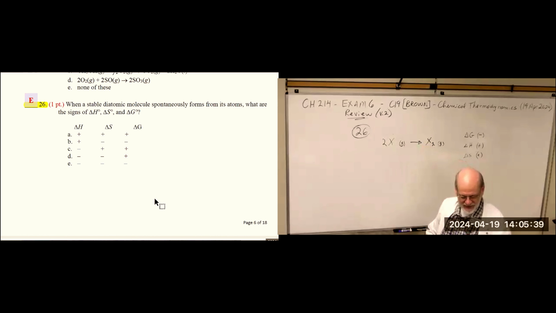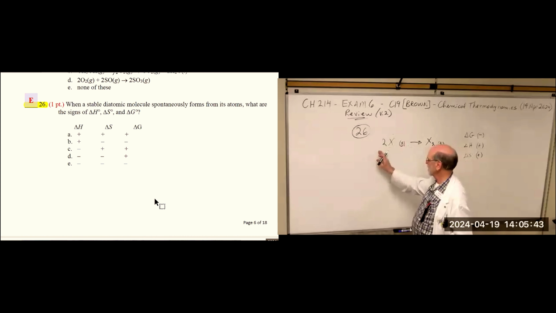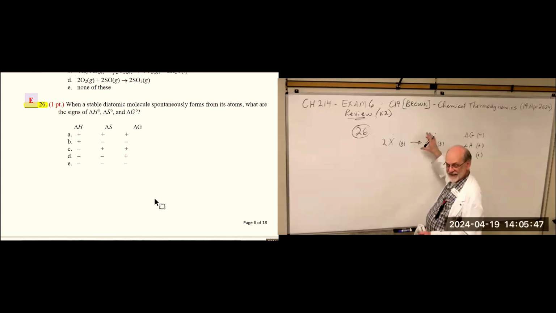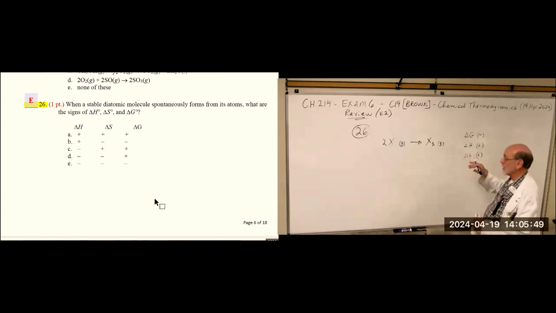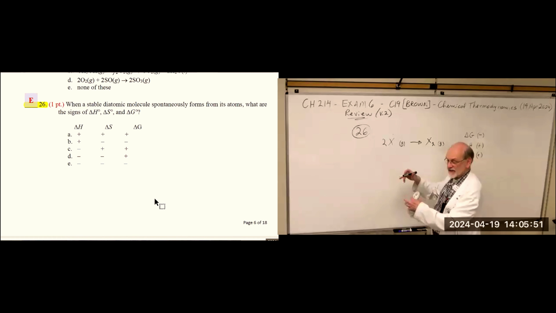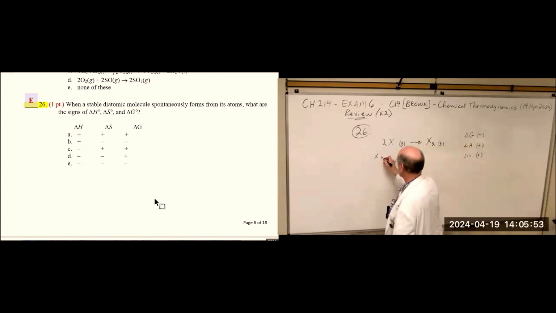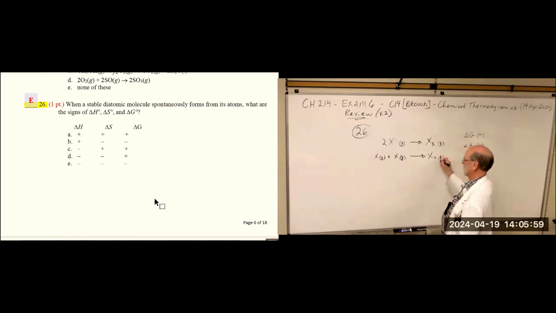A stable diatomic molecule spontaneously forms from its atoms. It forms the bond. It's like you got this separate atom plus this separate atom forms this diatomic. That's what we're saying. These are separate atoms.